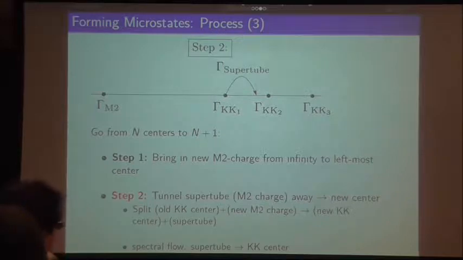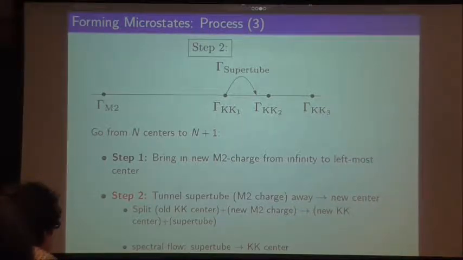I'm going to split this again into a new Kaluza-Klein center that remains here, and a supertube that I pull over and make a new center here. You might be worried that all of the centers here are Kaluza-Klein monopole centers, while the new one I'm adding is a supertube, not strictly speaking one of these D6 branes. But you can relate these by spectral flow, so it's not really something we should be worried about, probably.